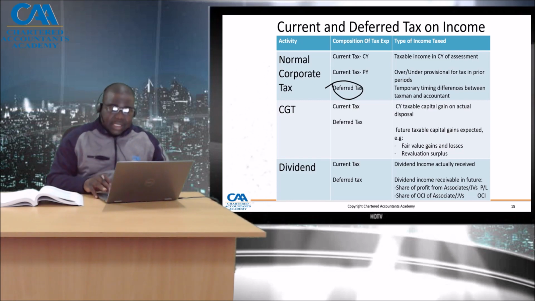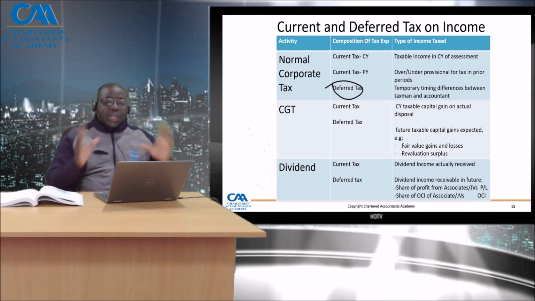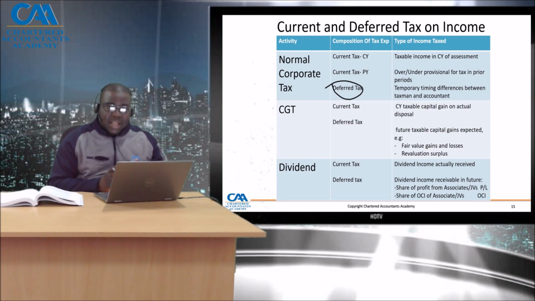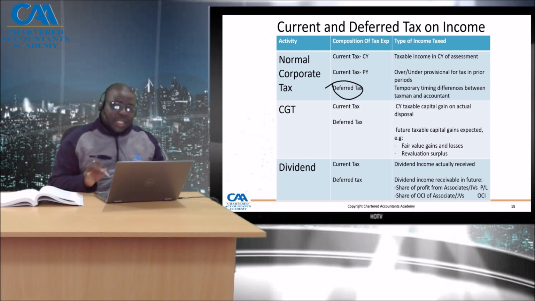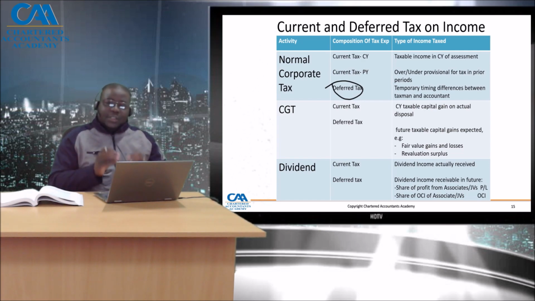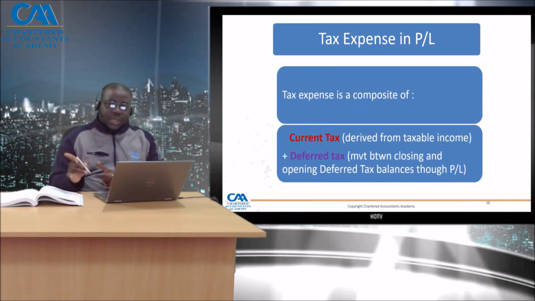Now, when you look at our tax expense, the component of the tax expense is a summation or a composite of the current tax. Let's go back. Current tax, which is for the income earned in this current period, which is supposed to be taxed in this period. Also, the deferred tax expense, which is for income earned in this period, which is supposed to be paid in future.